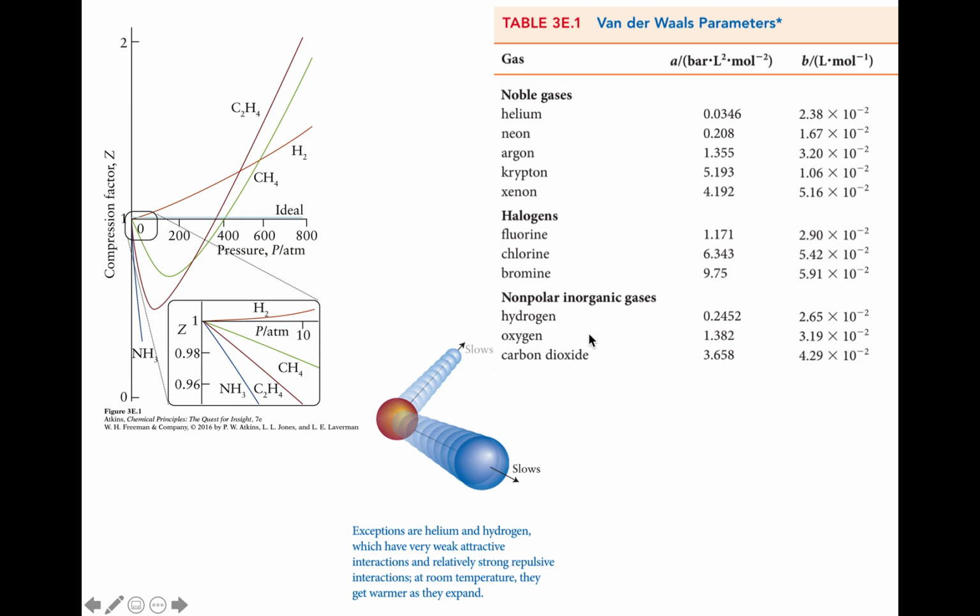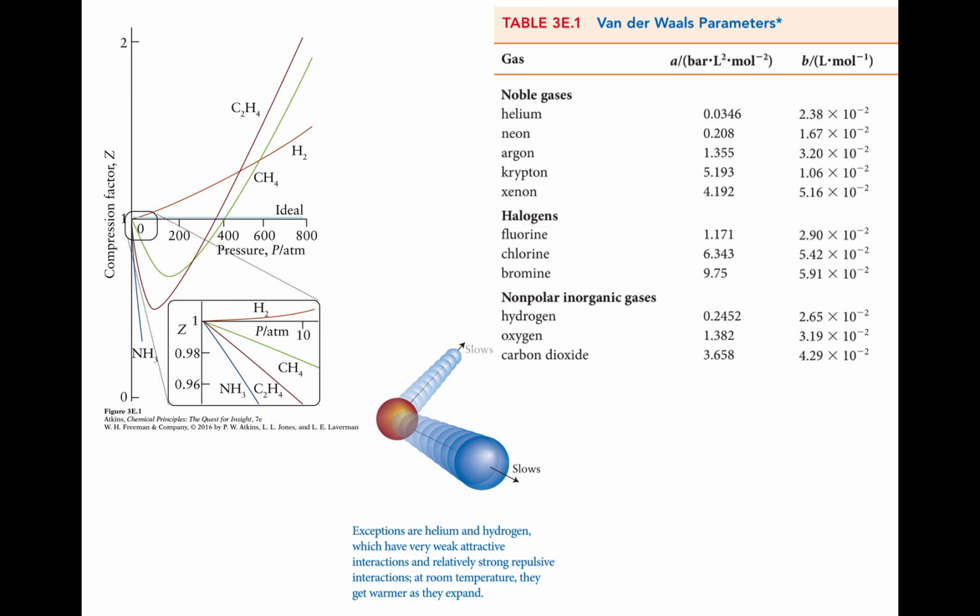This is consistent with what we're looking at with our different van der Waals parameters. There's this idea right here, Atkins is saying that the only exceptions that we really have are things like helium and hydrogen, which have very weak attractive forces. This is interesting.